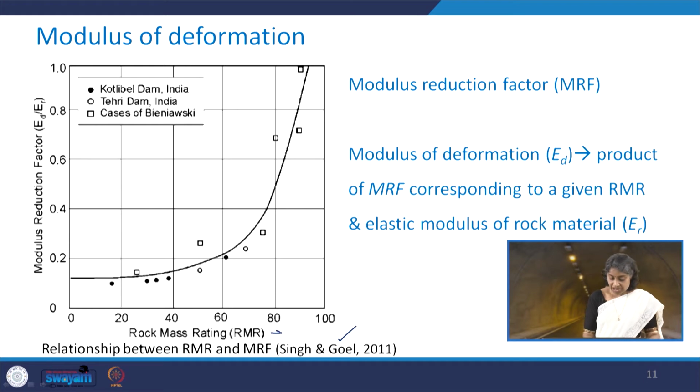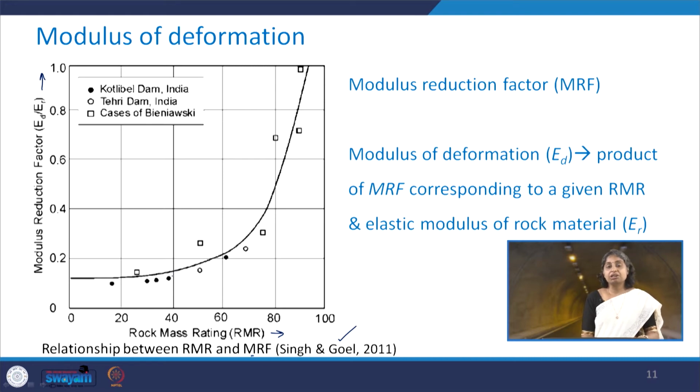RMR is rock mass rating, which is plotted on the x-axis, and MRF is the modulus reduction factor, which I just now defined, plotted on the y-axis. So, from here, corresponding to any value of rock mass rating, we can determine the modulus reduction factor.